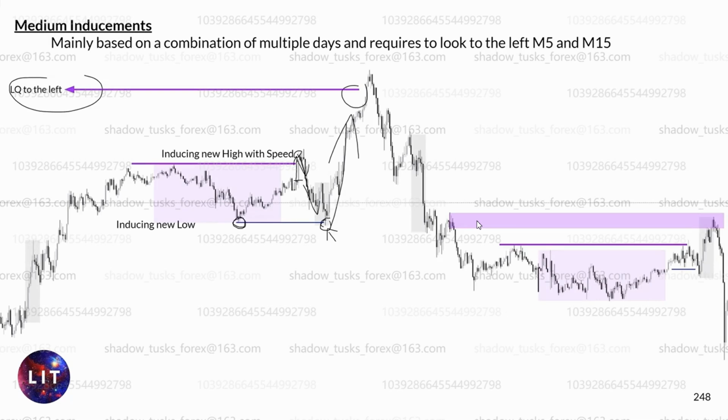Okay. Then what else do we have? Right. This one in this case was already the medium one, because this point in here induced this structure, which was a previous day. So this by itself was the medium one, and this becomes the minor one.